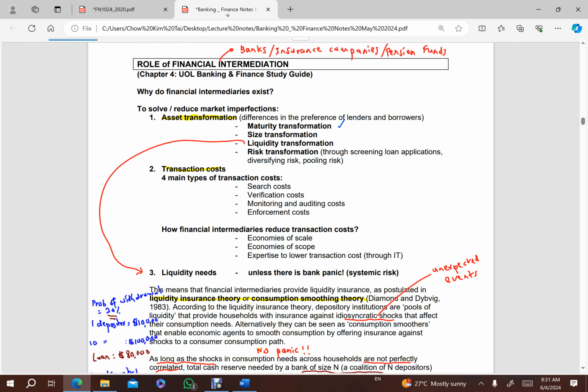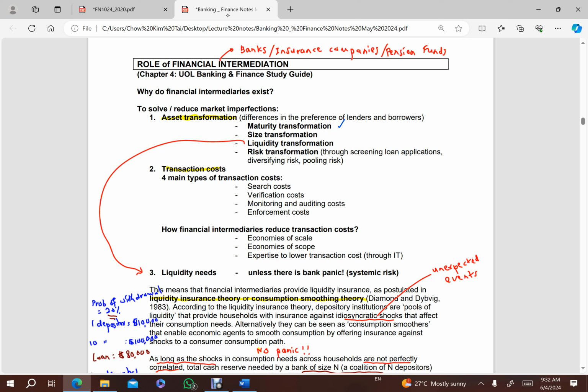Size transformation. Depositors, when we keep money in the bank, we keep it in small sums, right? $2,000, $5,000, $10,000. But there are many depositors. Borrowers, when they borrow money from the bank, normally need it in large sums. You buy a house, you need $500,000.